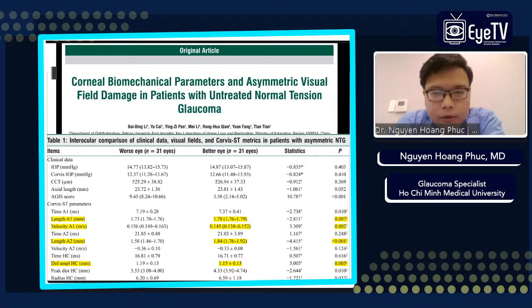They compared both eyes of one patient, and they realized that the two eyes had the same IOP and the same central corneal thickness but significantly different biomechanics. The parameters were very different in both eyes, and they concluded that the stiffer eye is the better eye, and the other eye has glaucoma in the early stage.